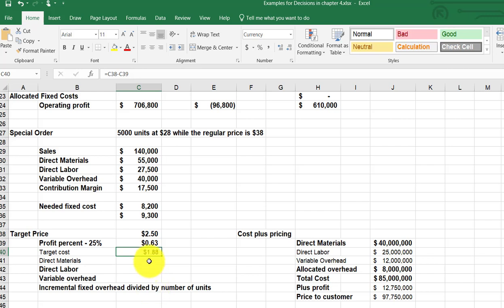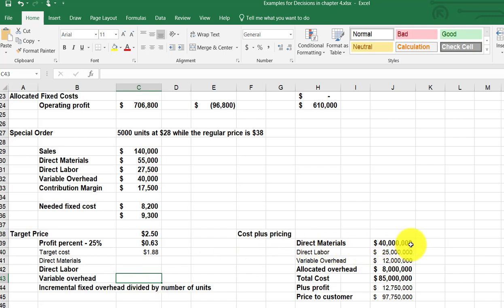So we're now going to have to look at our direct materials, direct labor, variable overhead, and any special fixed costs divided by the number of units and ask, do those four things added up come to $1.88 or less? If so, we can probably go ahead with this. If not, then we probably should look elsewhere.